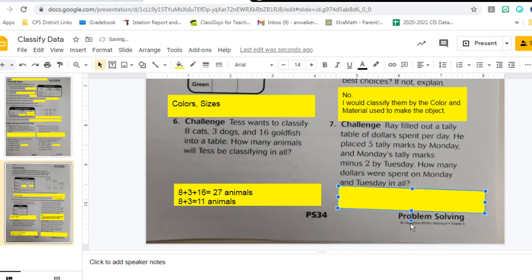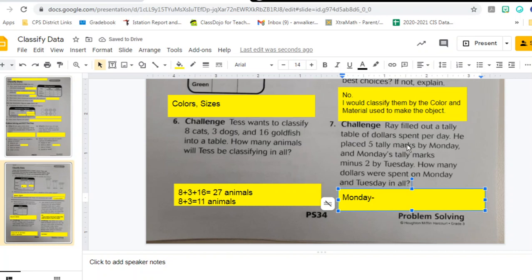So I'm just going to mark it so that we can see it easily. Let's see if I can get that flipped around. There we go. So we've got Monday, and what does it tell us about Monday? It says he placed 5 tally marks by Monday, so we're going to say Monday's 5. And then it gives us some information about Tuesday.